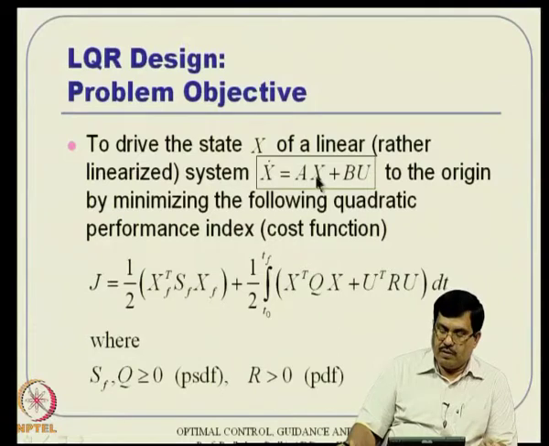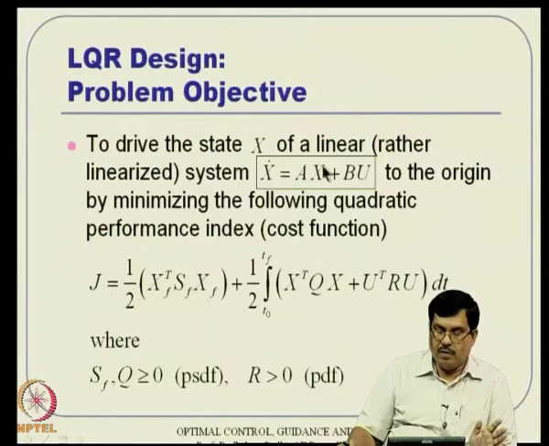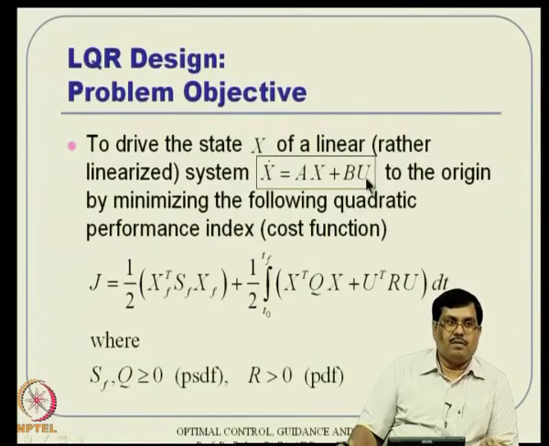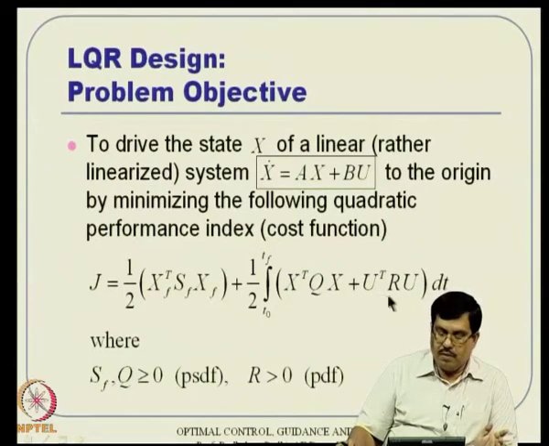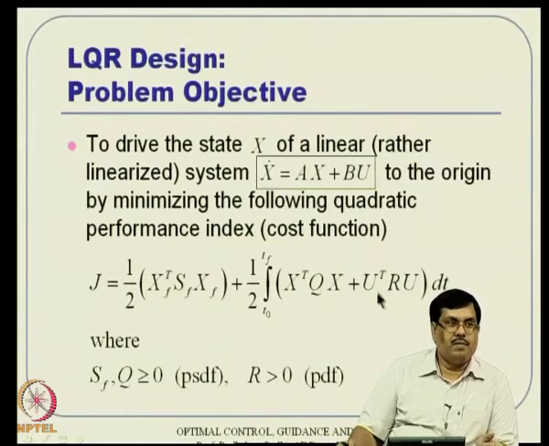In general, this x and u are nothing but delta x and delta u. Remember that when we talk about a linear system, the x is not really the true state, it is the deviation state, and u is not really the true control either, it is the deviation control. So what we want is for the deviation of the state to remain close to 0, and the deviation of control to also remain close to 0. That is the whole problem.